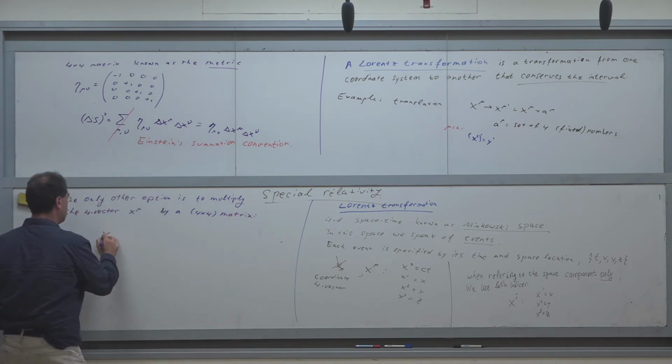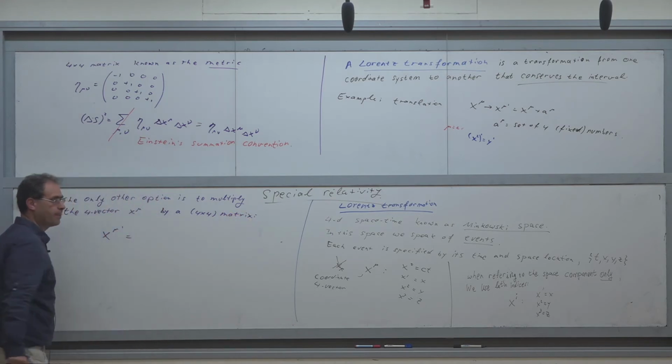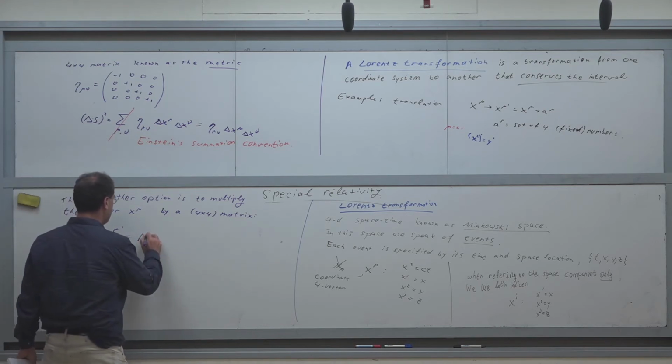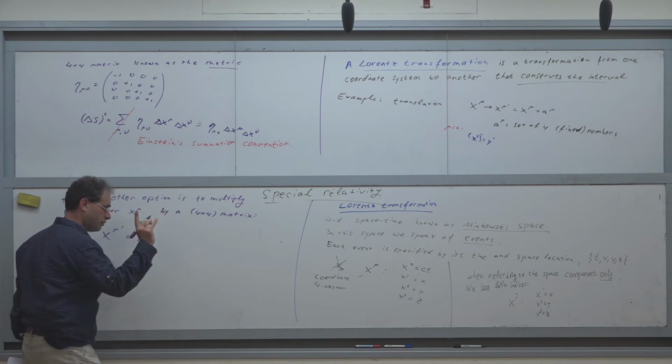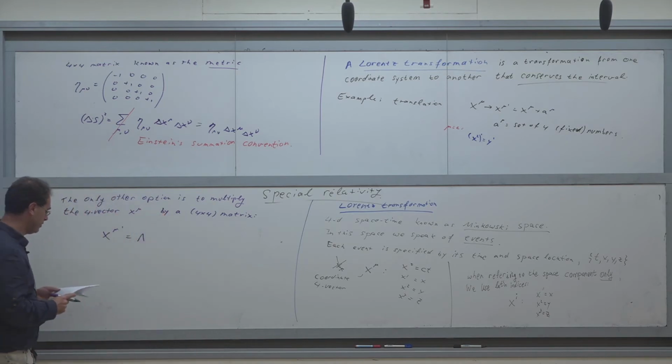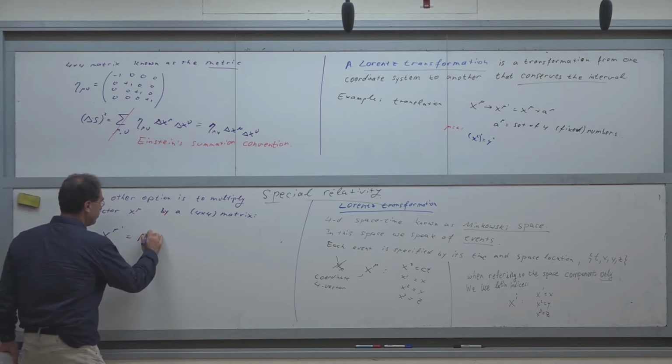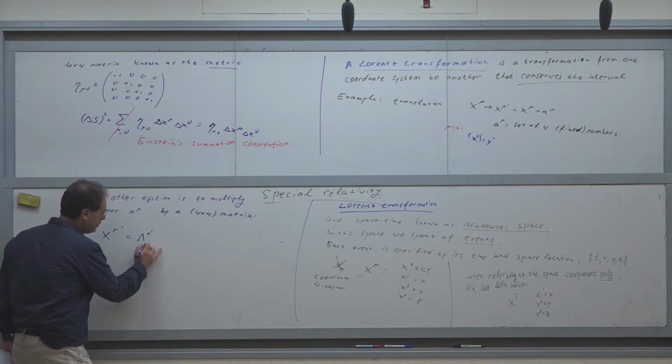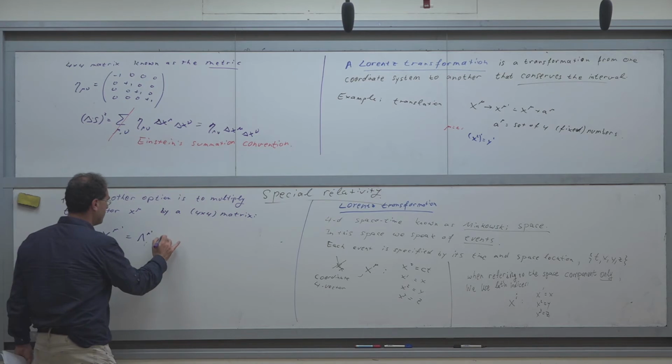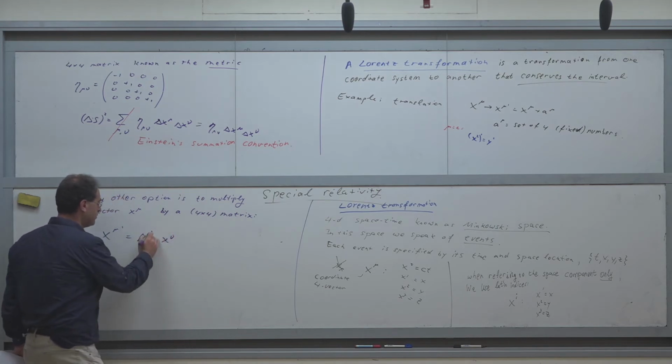So I'm going to write down x mu prime is equal to lambda. Okay, pay attention again. Mu prime, now there is a space here, and then nu. X nu.